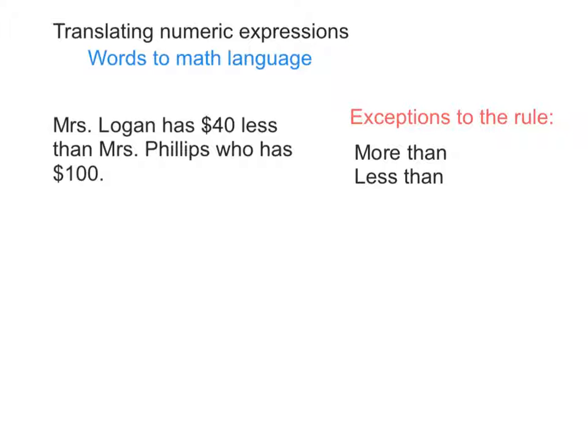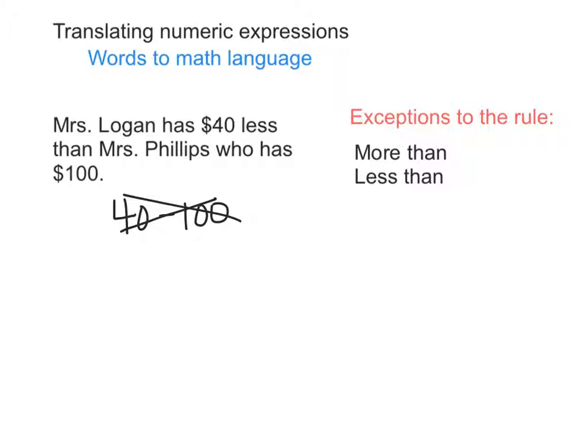So logic would tell you the way that you're supposed to write this, but if we follow the rules of math language where we start left to right, you might be wanting to write it based on those rules as 40 minus 100. But that doesn't make any sense.